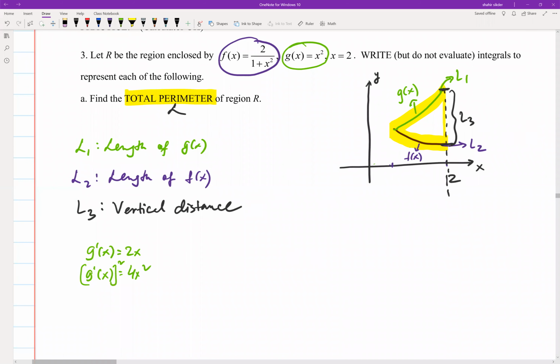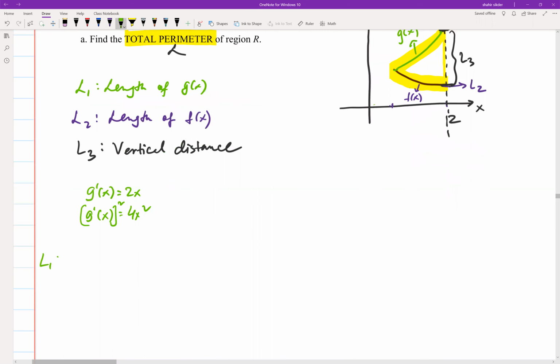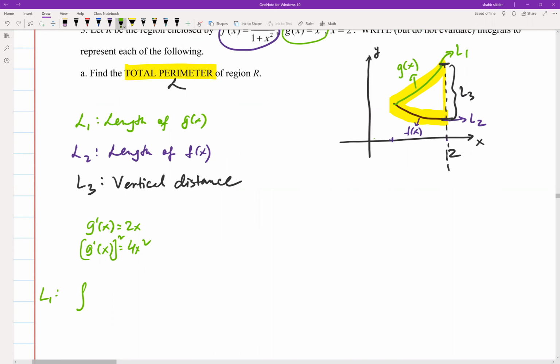So L1 is nothing but the integral with some bounds, right? The upper bound, the green is going all the way to 2. So it's going to be the integral of the square root of 1 plus 4x squared dx. What is my lower bound?